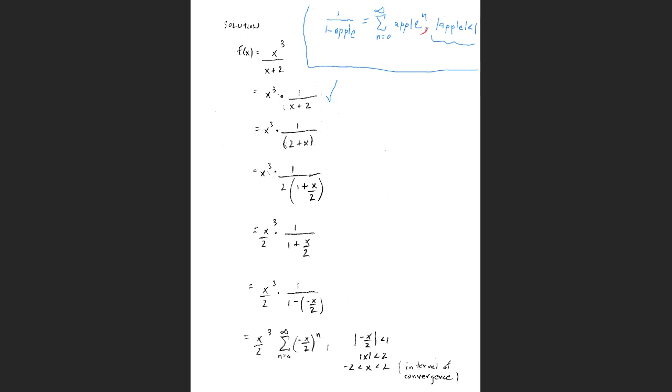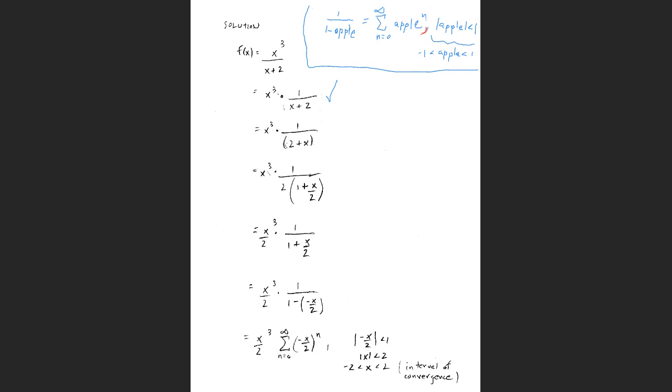Well, we have this apple formula, but what is it guaranteed for? What is it good for? It's good so long as the absolute value of our apple, when we identify it, is less than 1, or that's another way of saying that the apple is between -1 and 1.